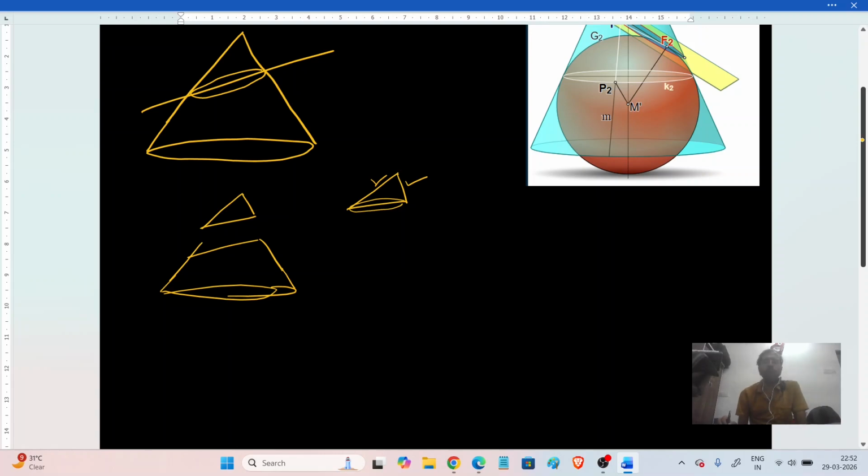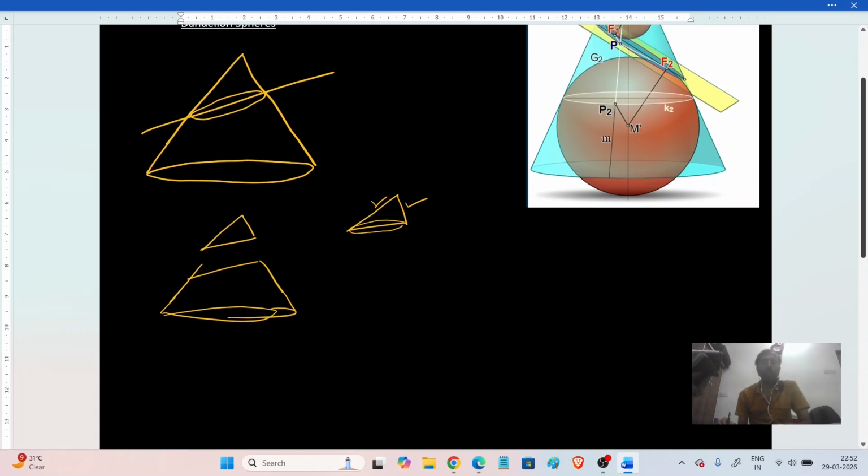If the sphere is too small, it will just touch the two sides, and if it is too big, then it will touch the two sides but it will not touch the base. But between this small and big sphere, there is a sphere of the exact size such that it just touches the three sides, that is to say the sides of the cone and the base.